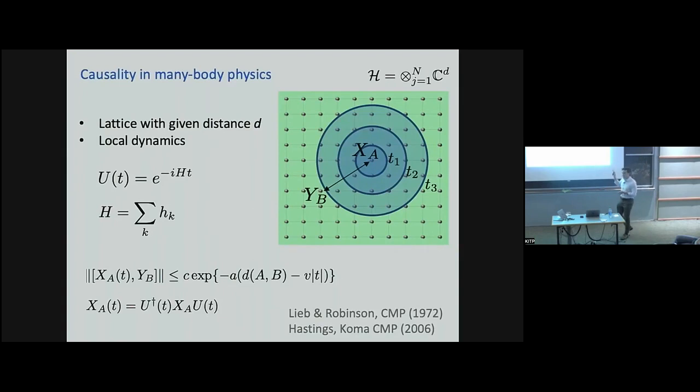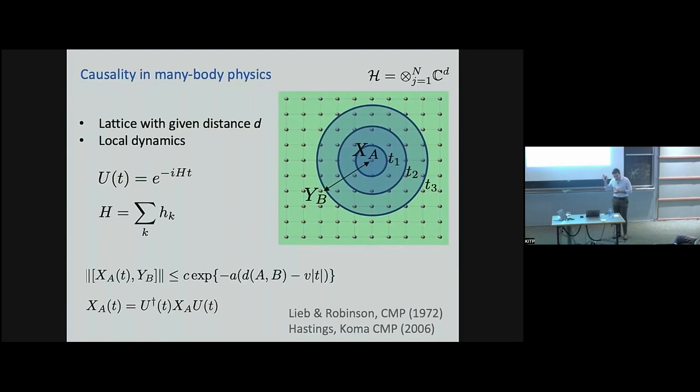And here, the setting which I have in mind is the typical setting we have in many-body physics. So we have a well-defined geometry, which is some notion of distance. So this could be, for example, a lattice and some dimensionality, or more generally, a simple graph. And then we have a local Hamiltonian, which is a sum over your space of some local density Hamiltonian.